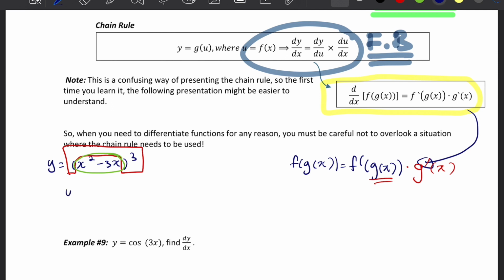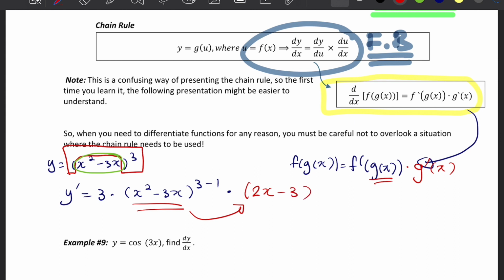Then y prime is the same as, we differentiate the outer function first, so 3 times (x squared minus 3x) to the power of 3 minus 1, times, you take the inside and differentiate it, so it becomes 2x minus 3. Then your final answer, y prime, is 3 times (x squared minus 3x) to the power of 2 times (2x minus 3).